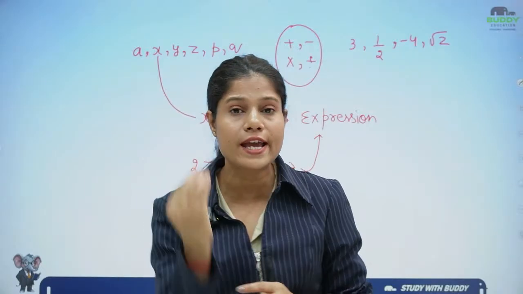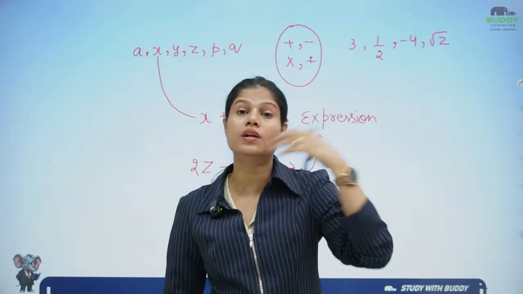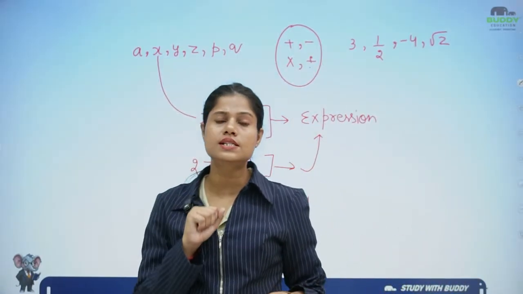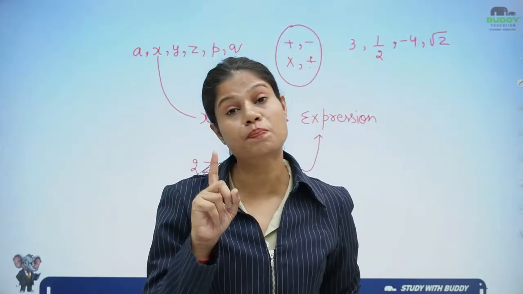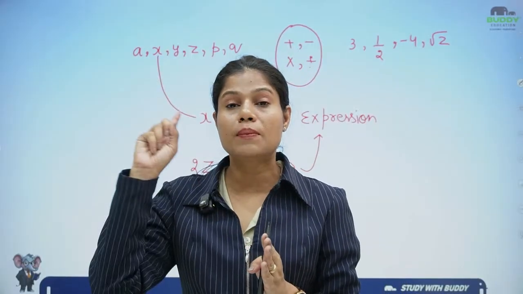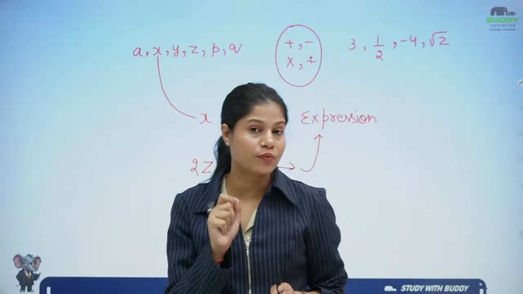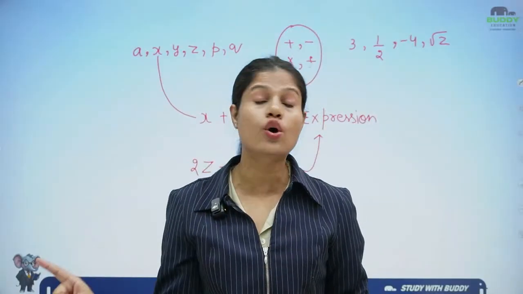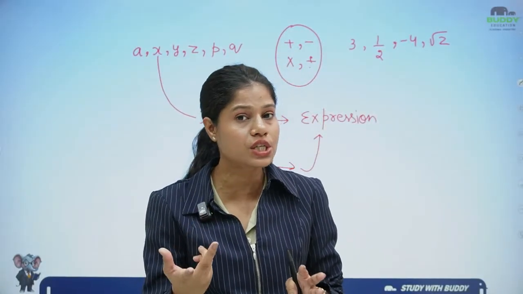If any expression holds this property, then the expression will be known as a polynomial. So polynomial is nothing else but this special category of expression in which the power of the variable, please note down this point, the power of the variable, I am not talking here about the constants, I am not talking about the coefficients, right?